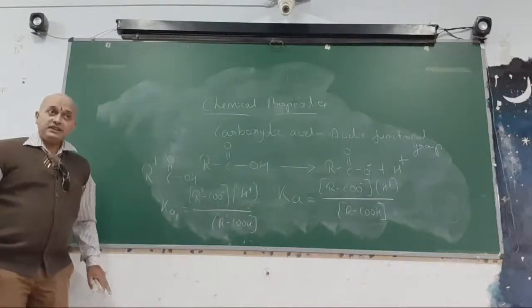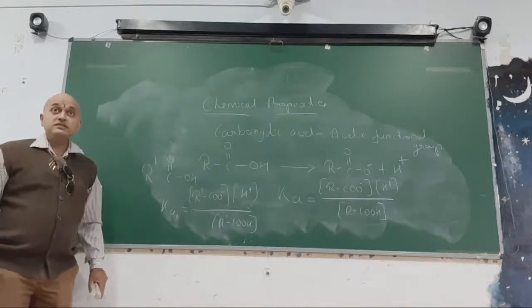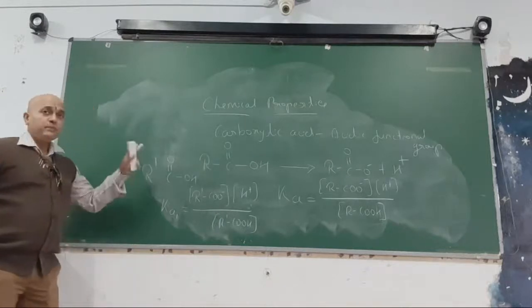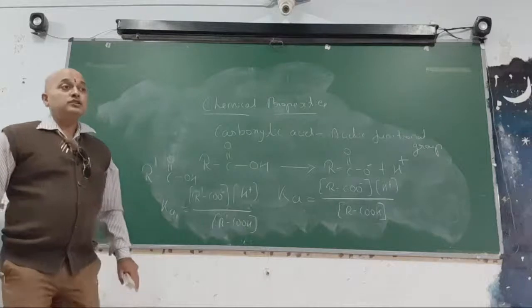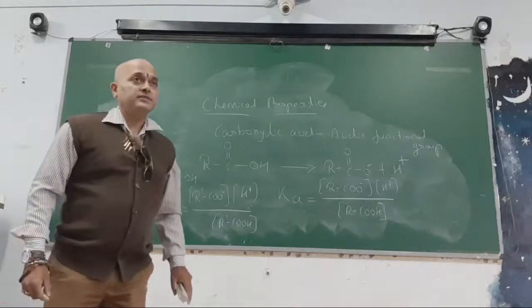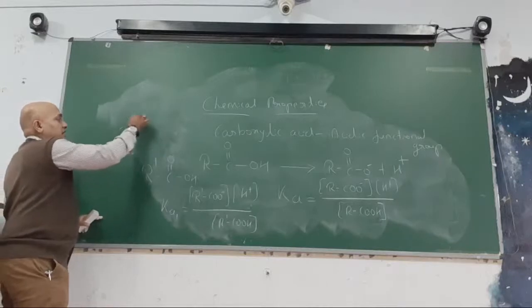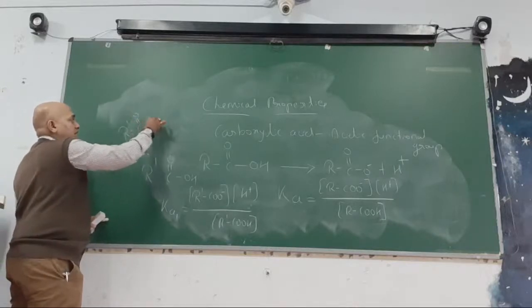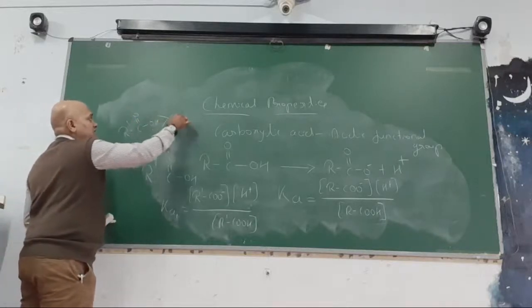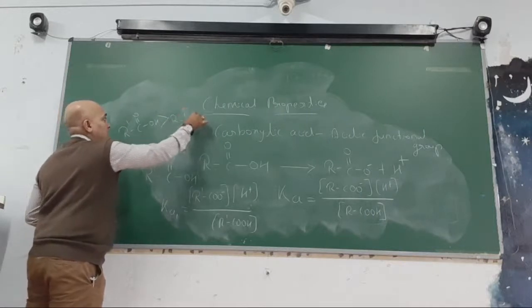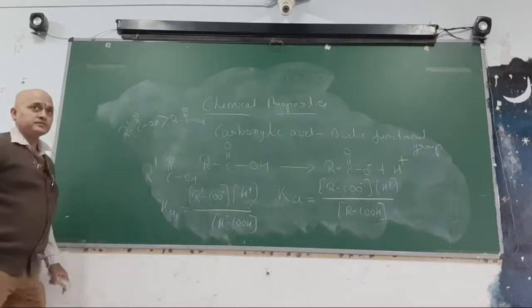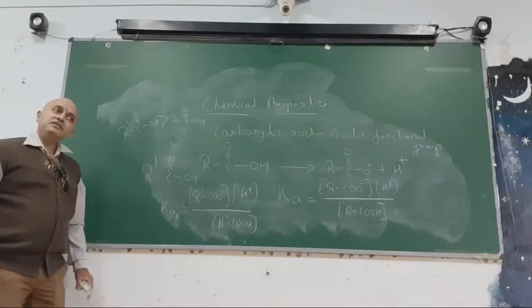Now we will assume that R prime COOH is a stronger acid compared to RCOOH. Whether I am clear?